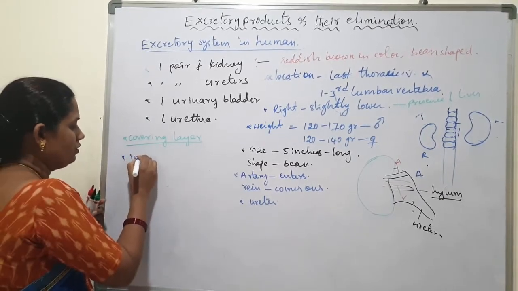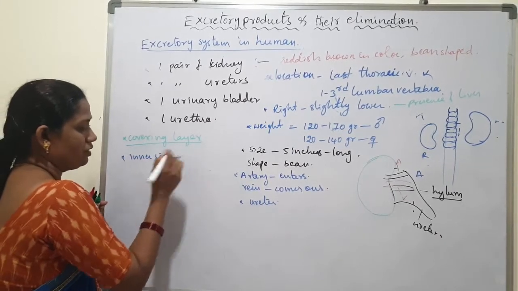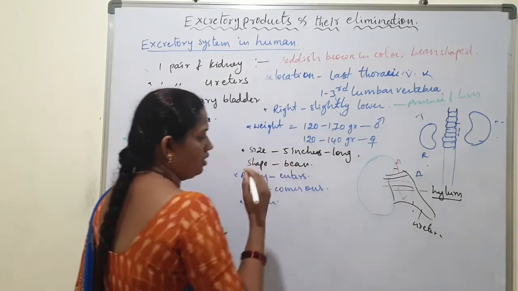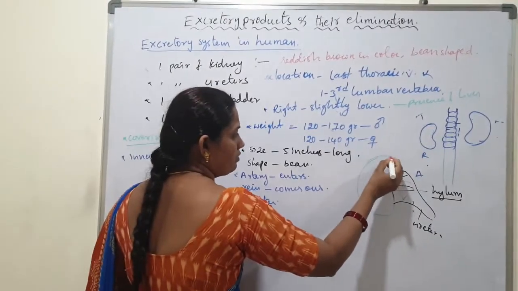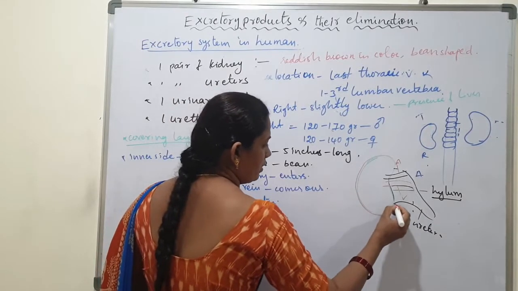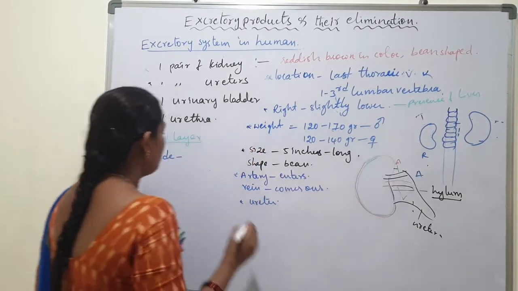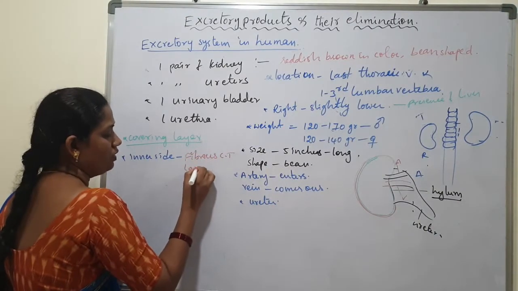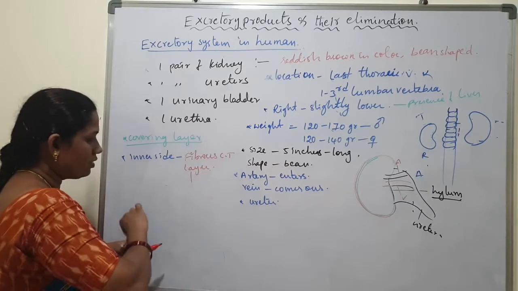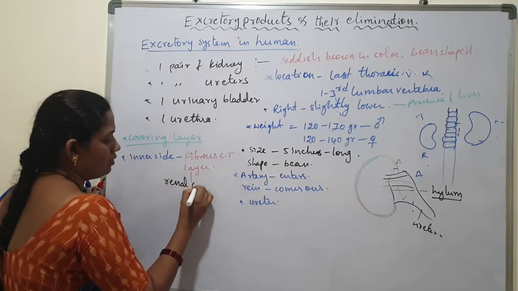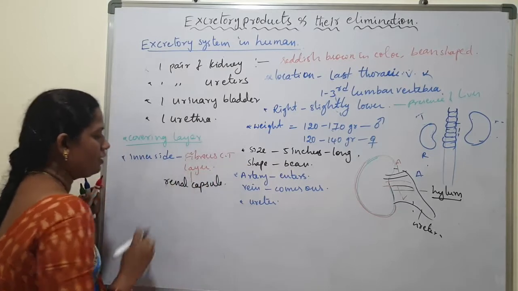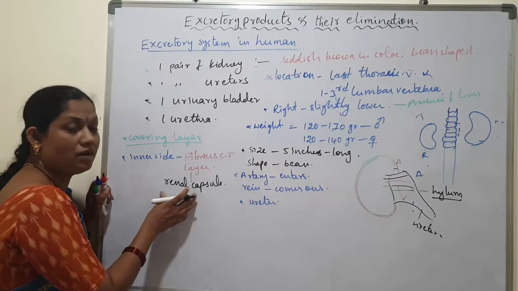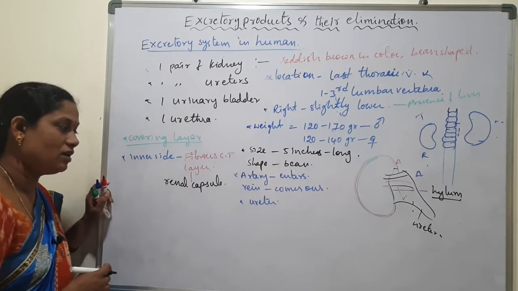Going from inside to outside, the kidney is first covered by a fibrous connective tissue layer. This is also called the renal capsule.